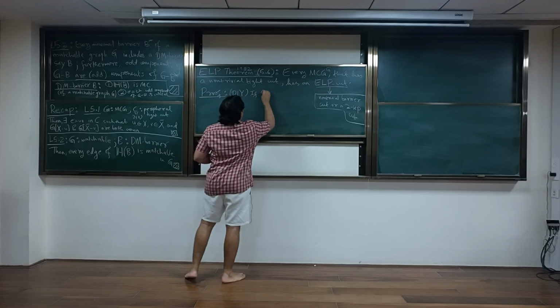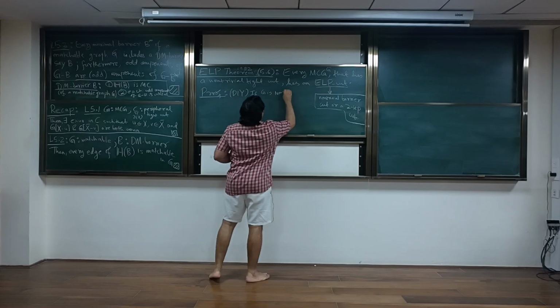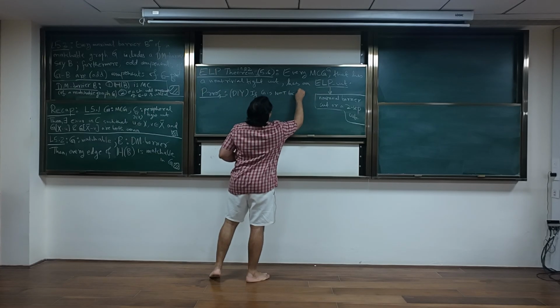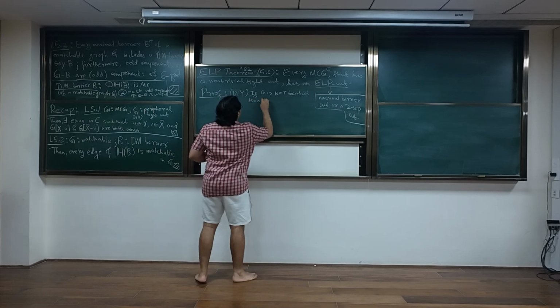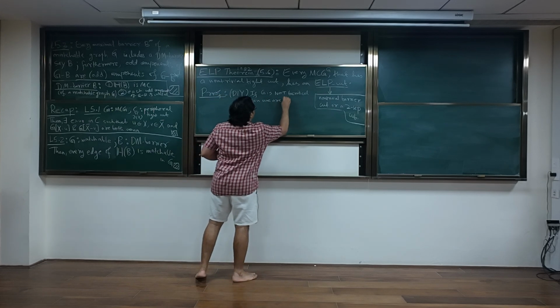If G is not bicritical, then we are done.